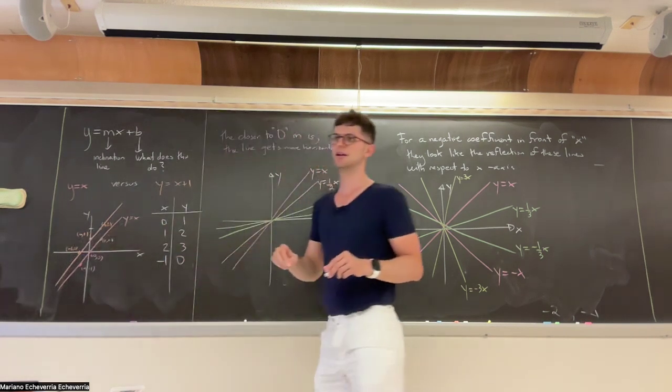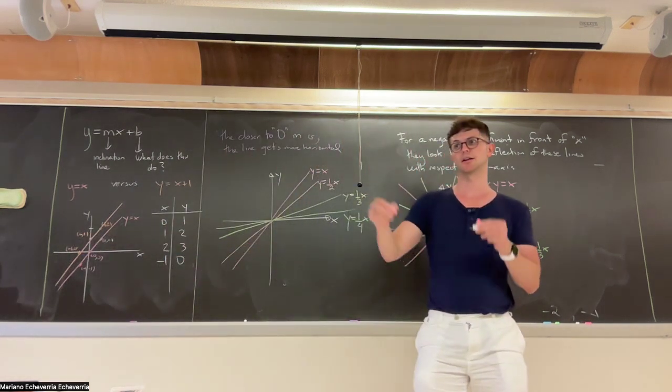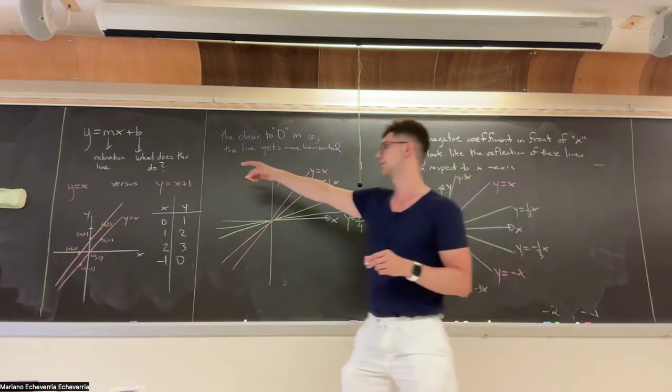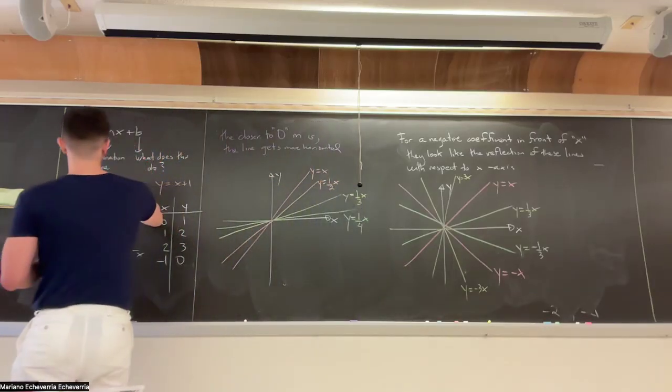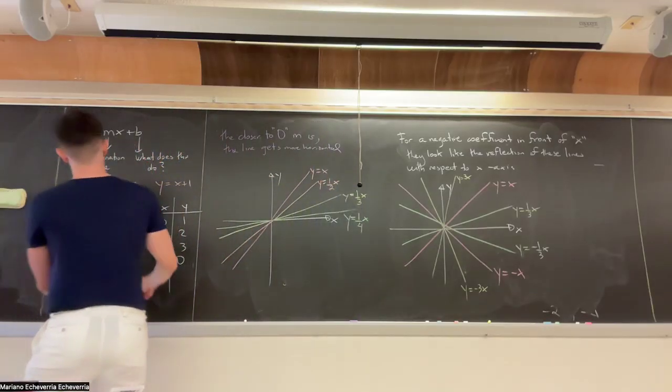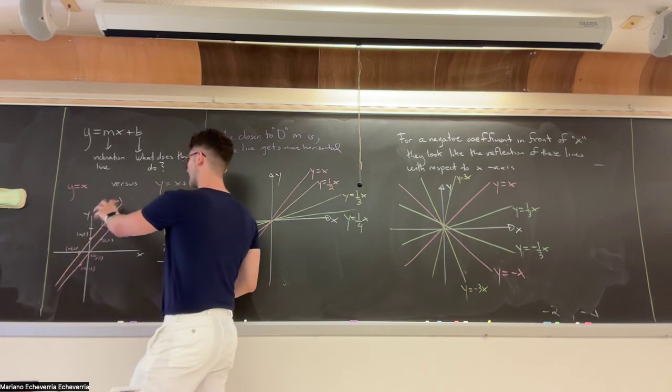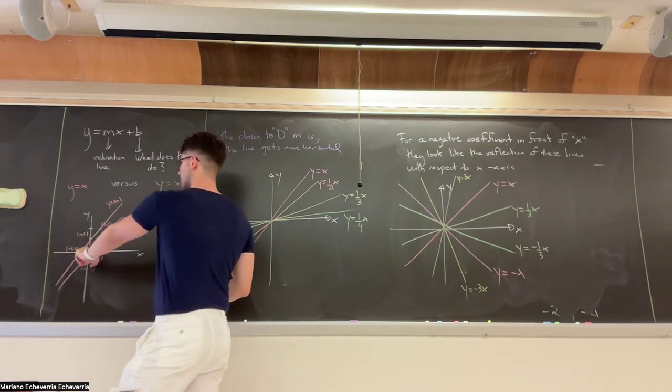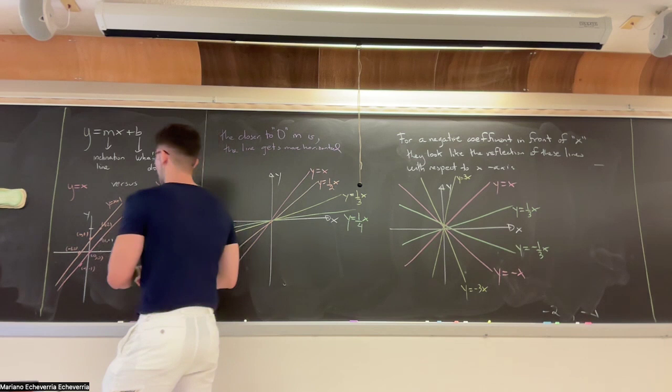Essentially, what happens is that you get a parallel copy of the line that is shifted by 1. So y equals x plus 1 will be a parallel copy of this line, but just translated up by 1, because that's the number.